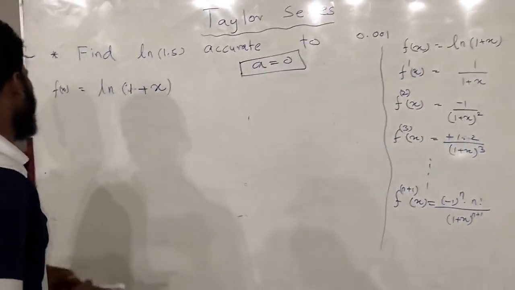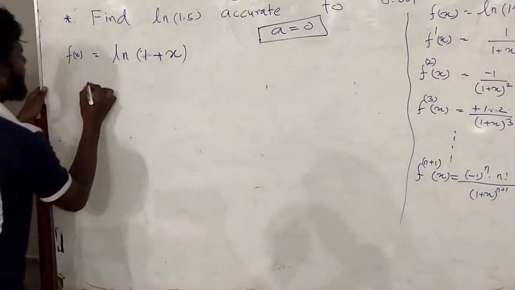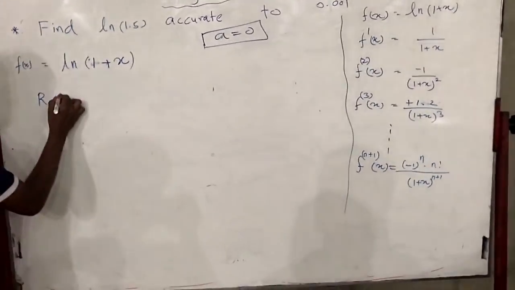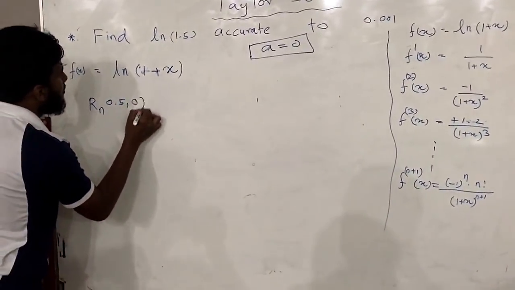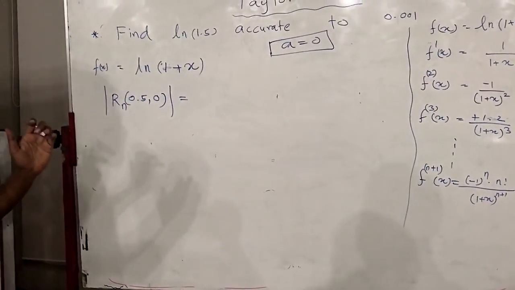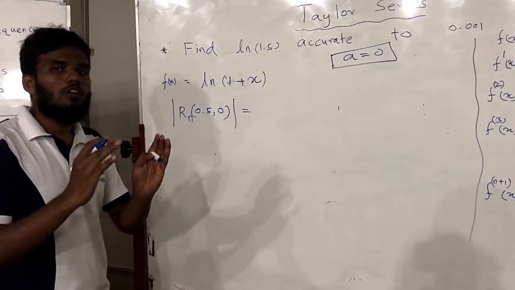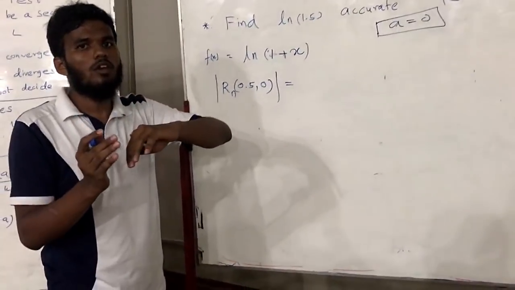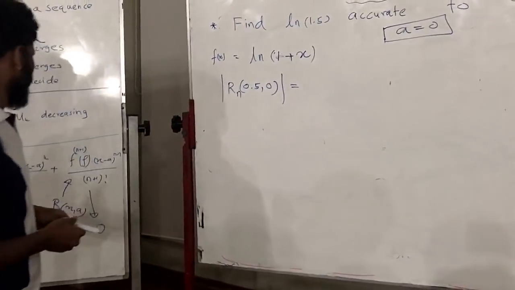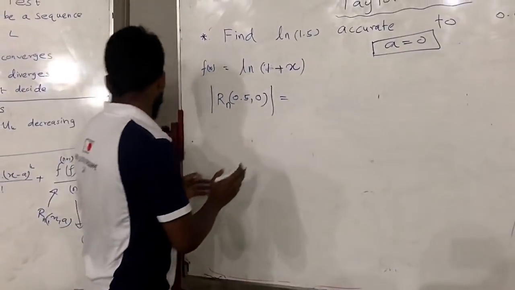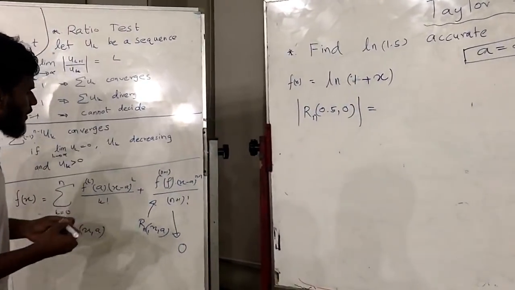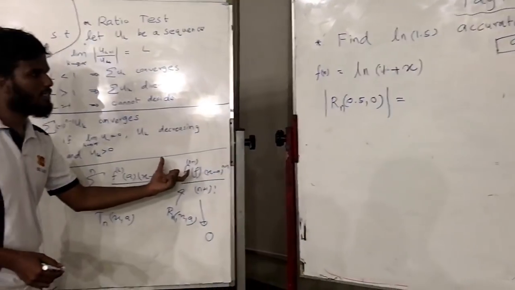So we use a equals 0, so our remainder can be written as R_n. We know the x value is 0.5 actually, so R_n(0.5, 0). The modulus value of the remainder, the actual value, can be more than the approximated value, or it can be less. So our remainder is f^(n+1)(zeta), and of course we know about zeta.